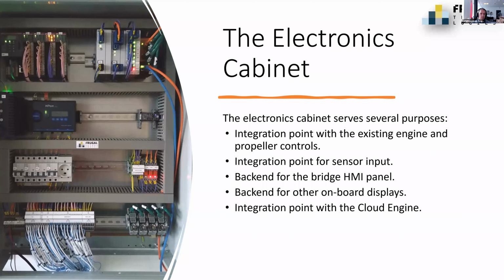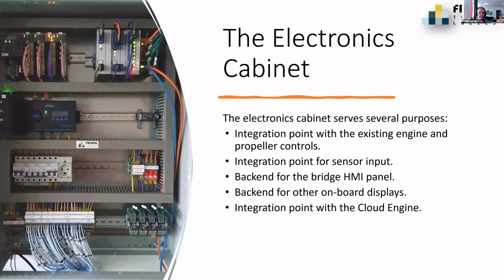The other thing you get is the electronics cabinet. This is maybe not quite so exciting, but it does show that this is the integration point. This usually lives somewhere in the ECR or close to it. And this has the integration with the existing engine controls, propeller controls as well. It also serves as the integration point for sensors like torque sensors, fuel flow meters, GPS, speed log, all those things that we want to collect data on.